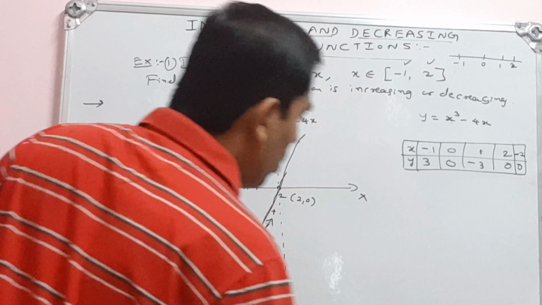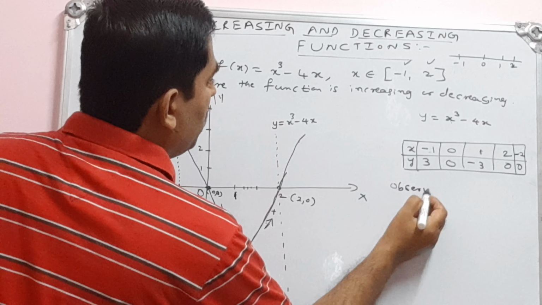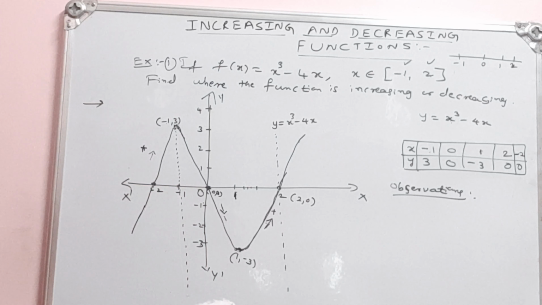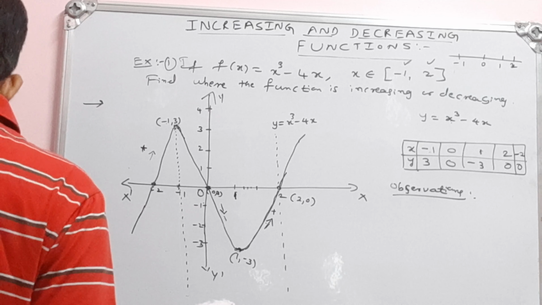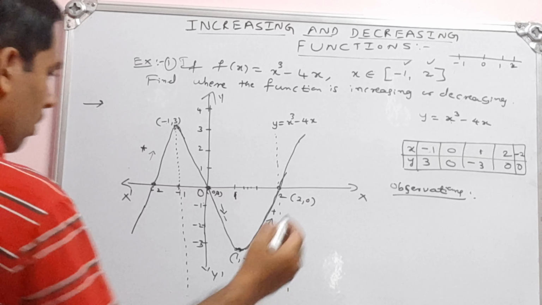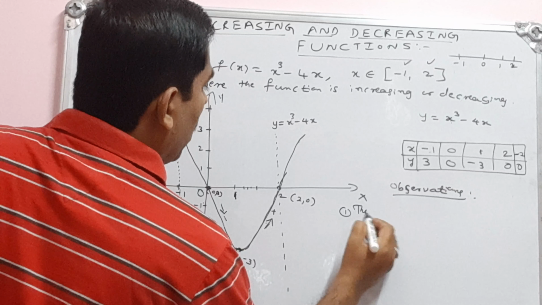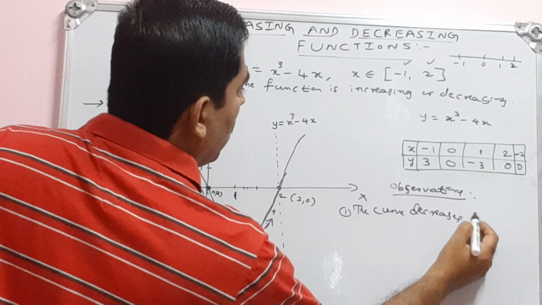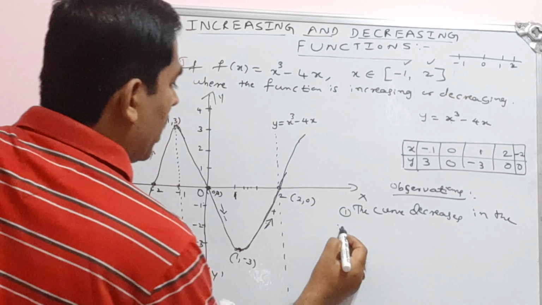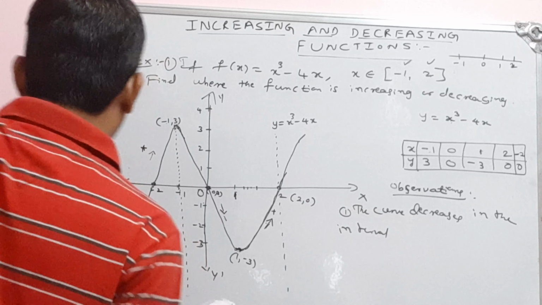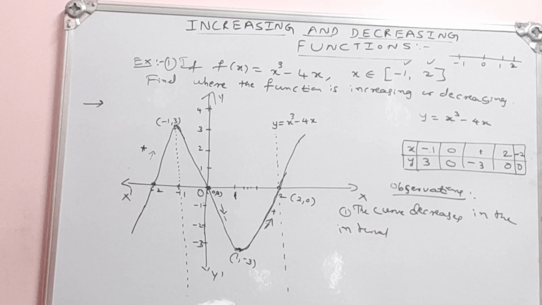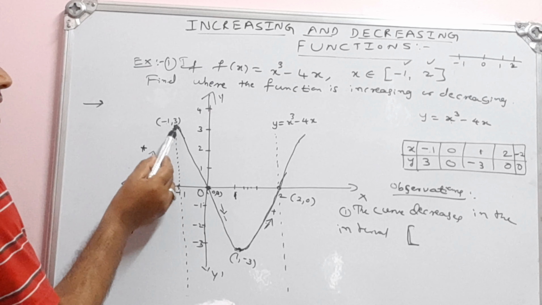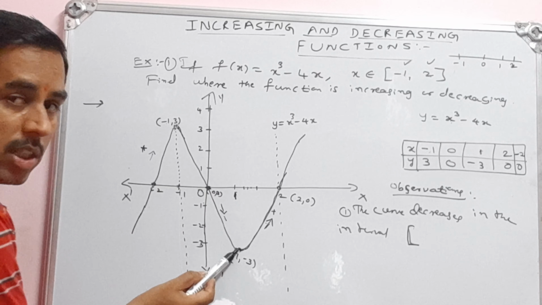So what are the observations here? Let me write the observations of the graph. So here the curve decreases. The curve decreases in the interval, from this point to this point it is decreasing.